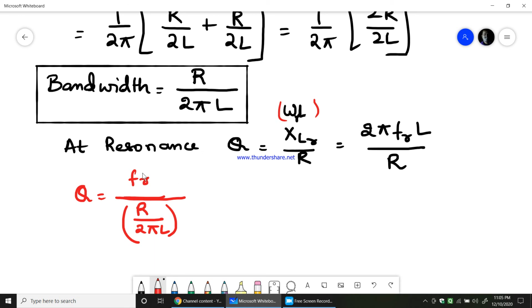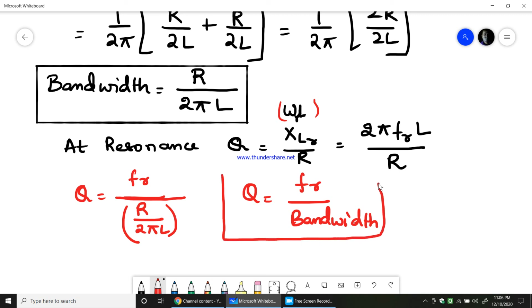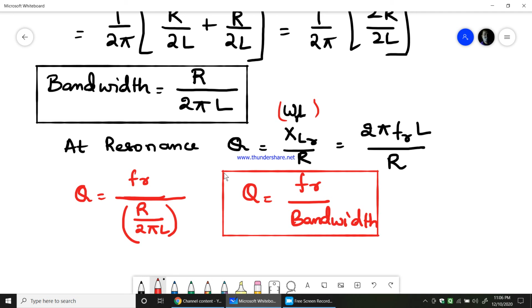Therefore, quality factor is now equal to FR divided by bandwidth, because R by 2 pi L is nothing but the bandwidth which we have. So this is another derivation for quality factor: FR divided by bandwidth.